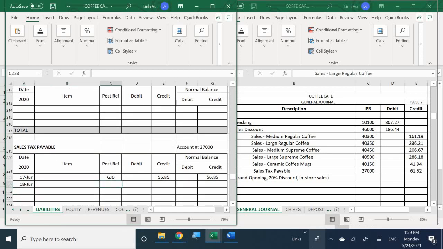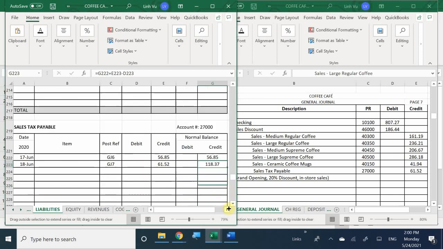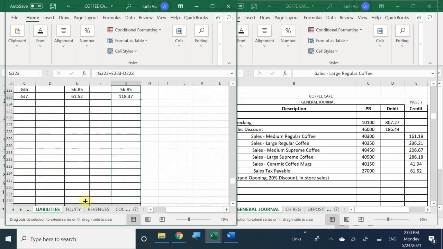Credit for 61.52. Okay, running balance 118.37.